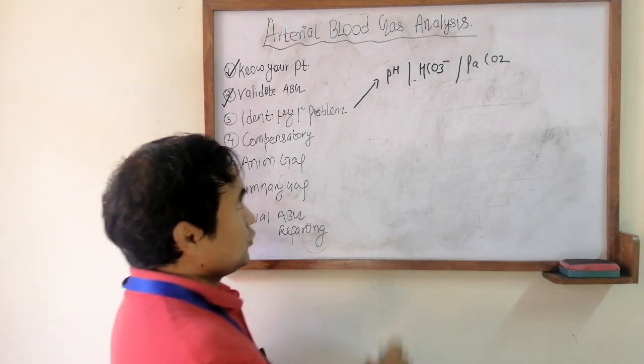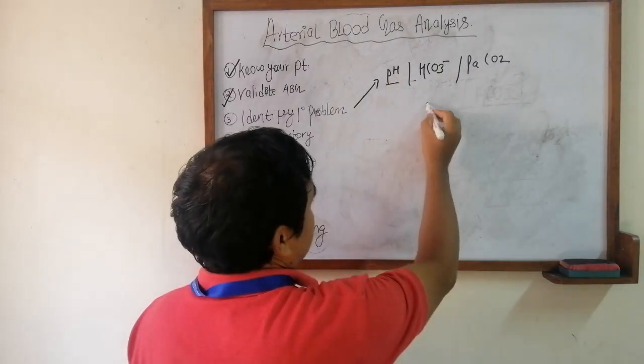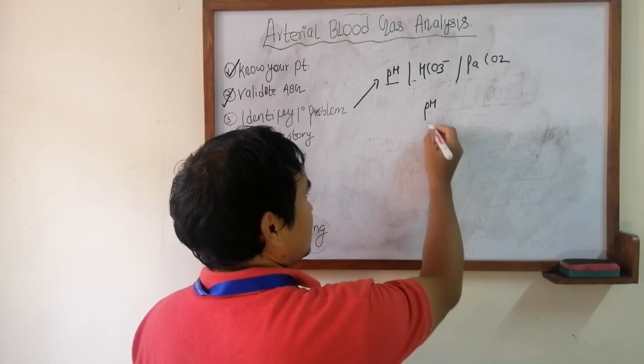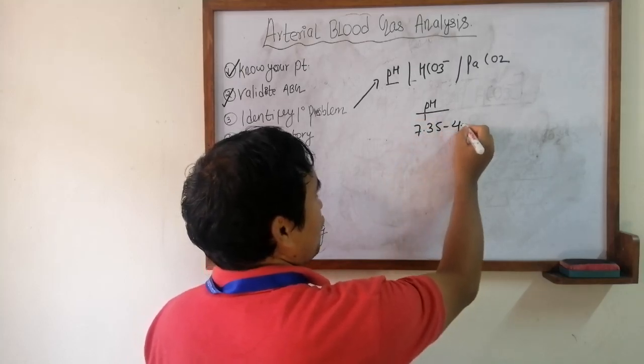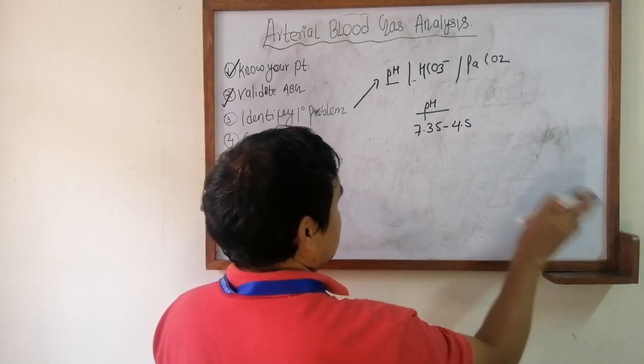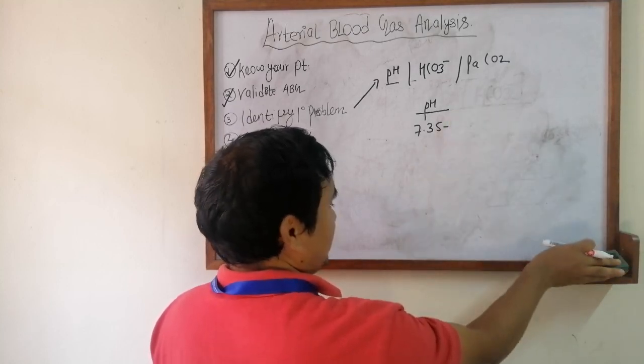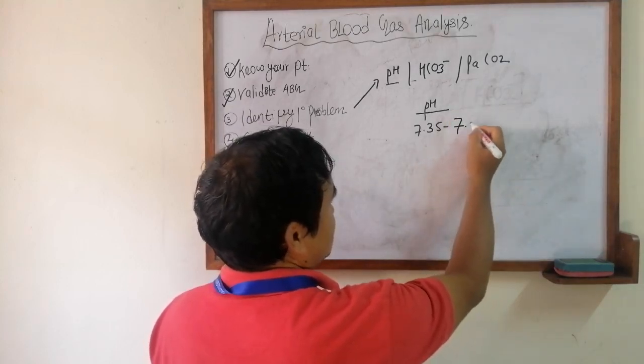First of all, we look at the pH. The normal pH is 7.35 to 7.45; some say 7.4, but we have a range.